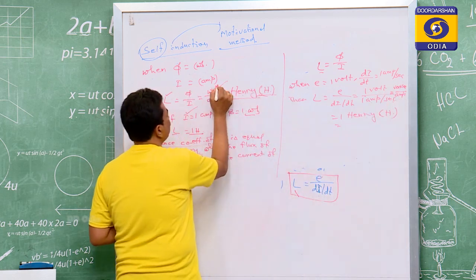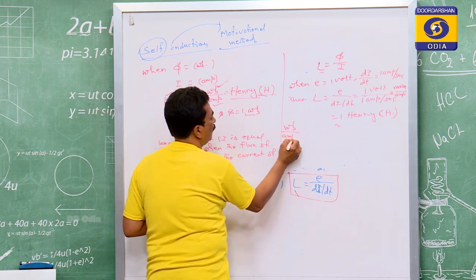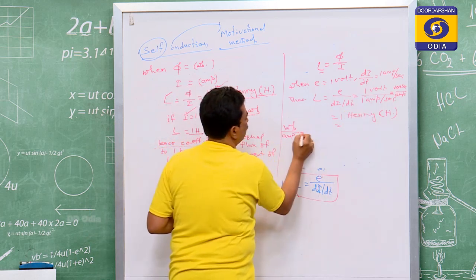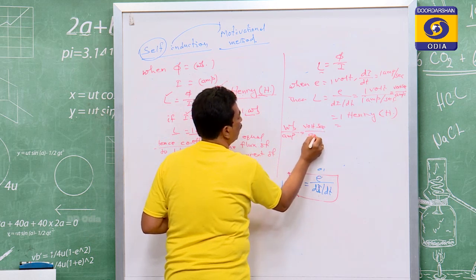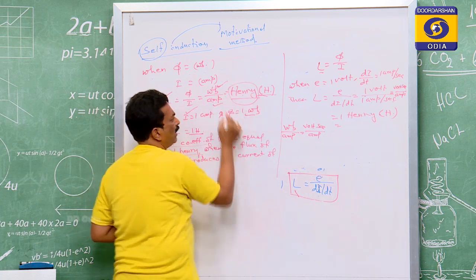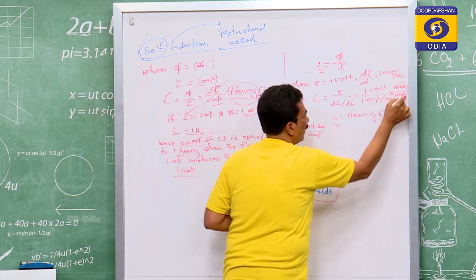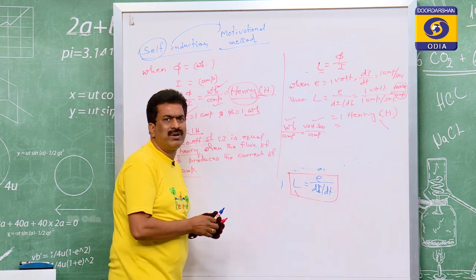It is Weber by ampere, and this is volt into second by ampere. This Weber by ampere is the Henry. This volt second by ampere is also Henry. So these two correspond to the Henry.